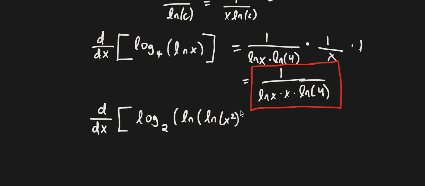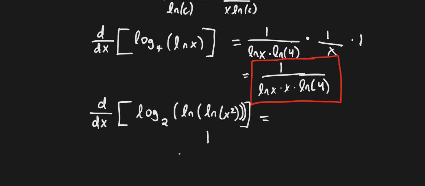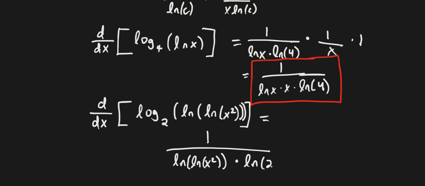Okay, let me keep track of these. Okay, there you go. All right, this is going to be equal to, let me do this down here because we need some space. So it's just going to be 1 over the natural log of the natural log of x squared, multiplied by the natural log of 2.